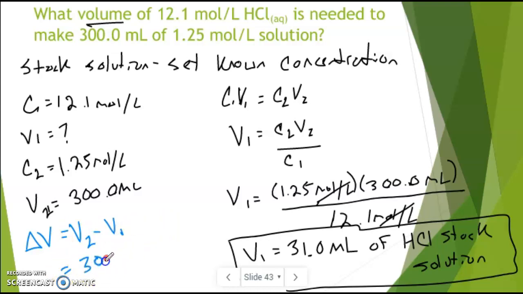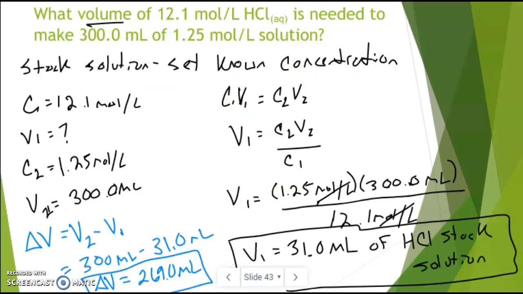So that's 300 milliliters minus 31.0 milliliters, and that gives us a volume that we're adding of 269 milliliters. So they can ask how much water you needed to add, or how much was taken out. Just pay attention to what they're asking in those questions.